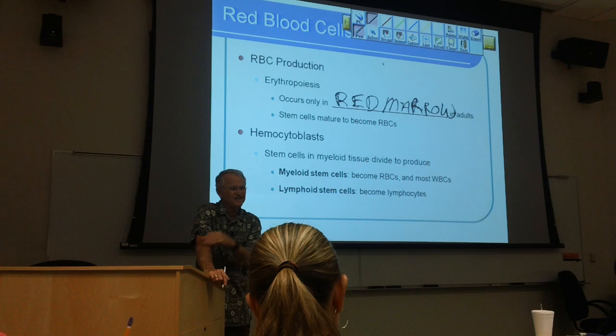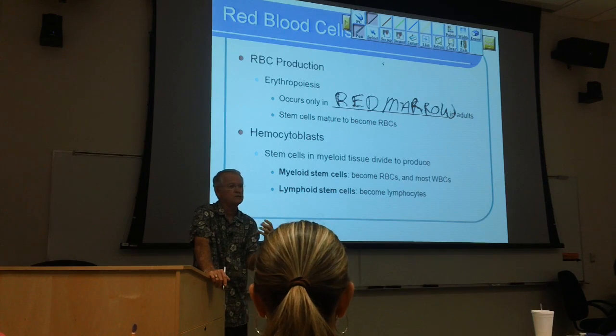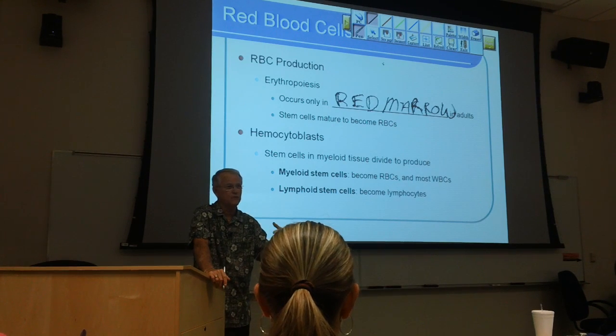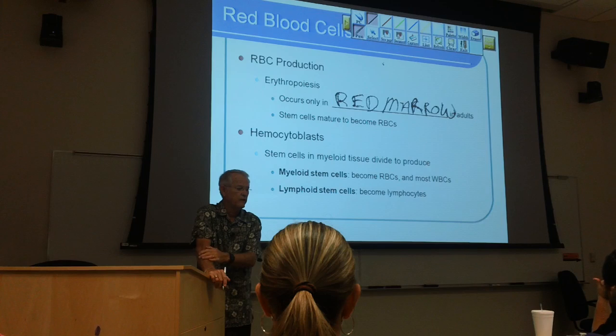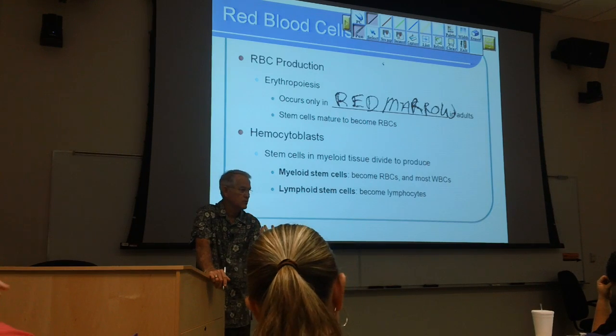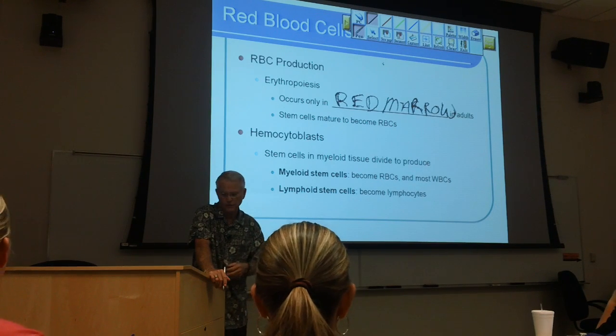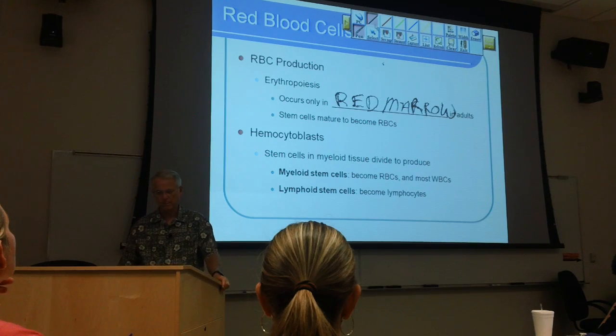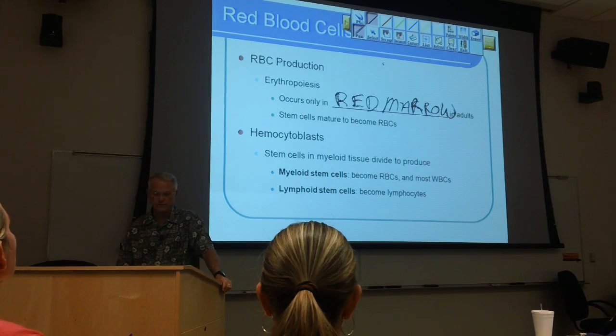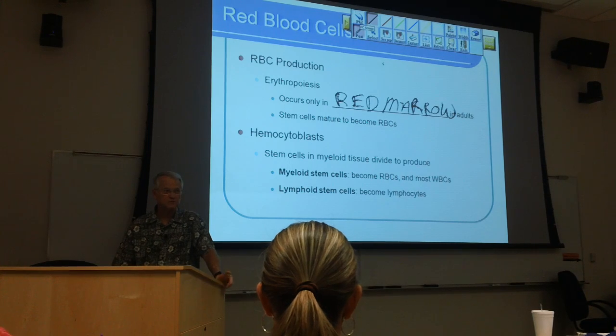What makes it somewhat easier to remember is that the only cells produced by lymphoid stems would ultimately be lymphocytes, lymphocytic whites. The rest, reds, most of the whites, platelets are all produced by myeloid stem cells. So that makes it fairly easy to remember, I think. The names aren't easy, but what produces what would be, I think.